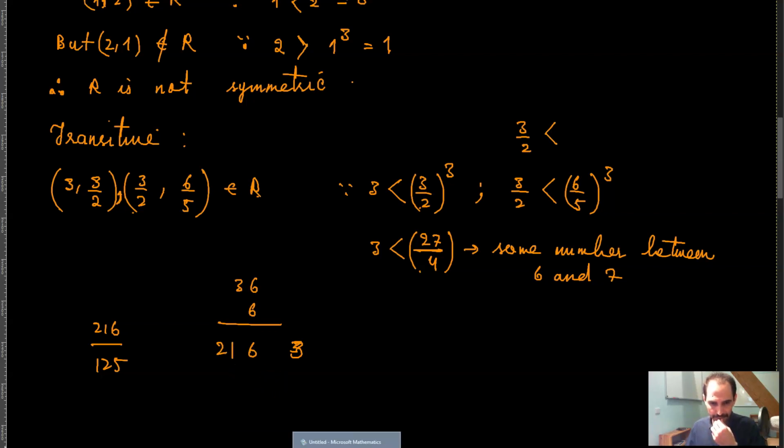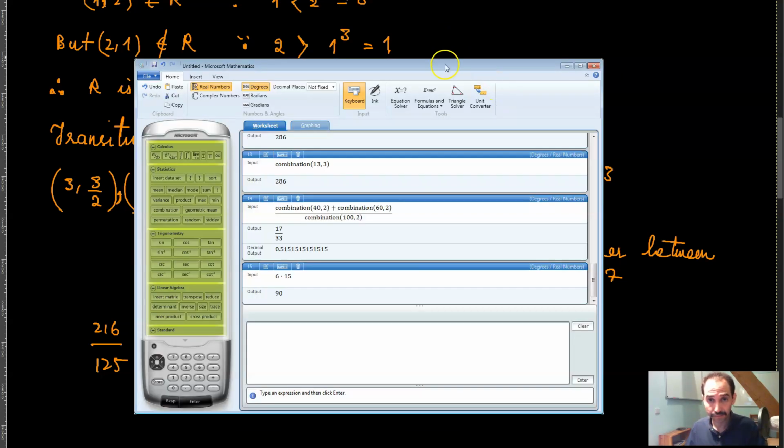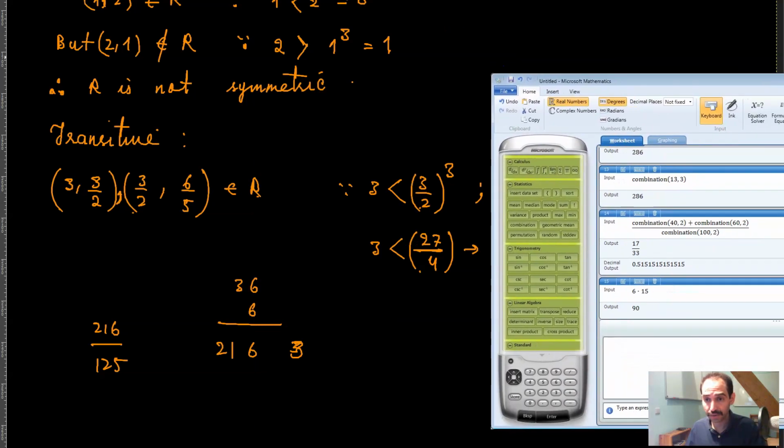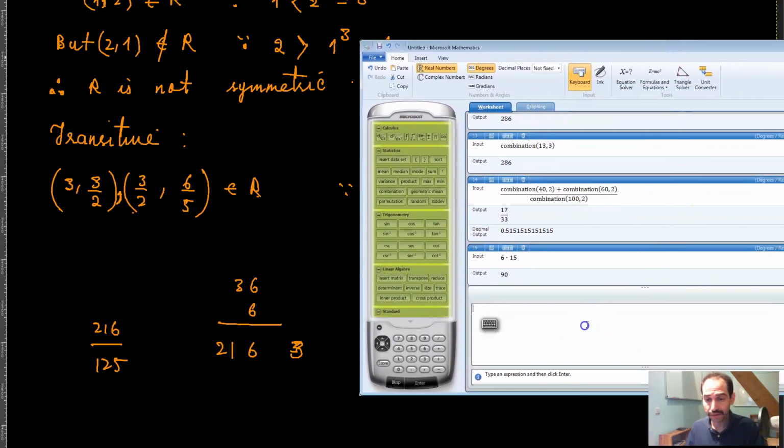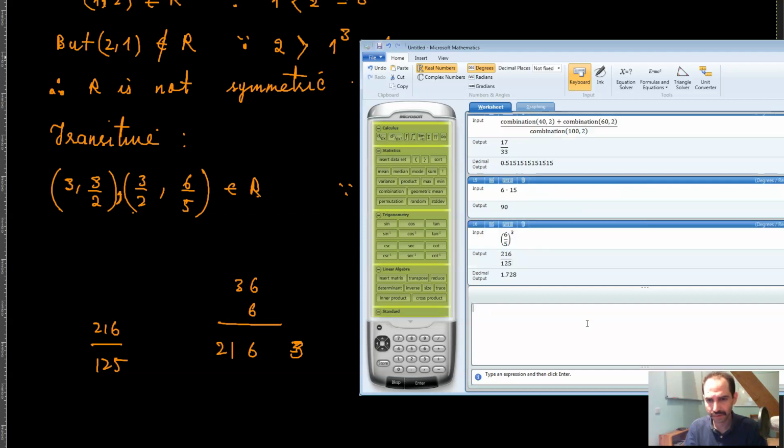There's something wrong here, either with my calculation or, so let me see, 6/5 whole cube is equal to 1.7. Okay, 216 by 125 is 1.7.